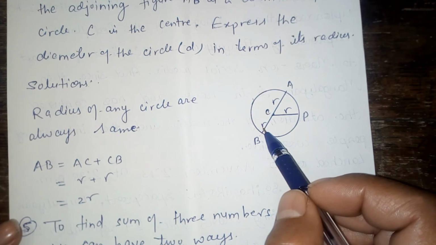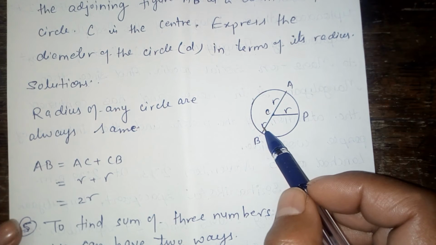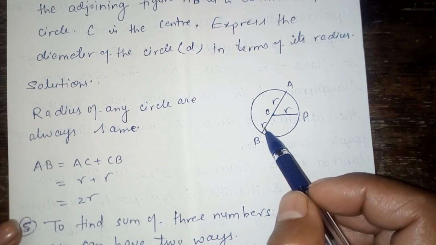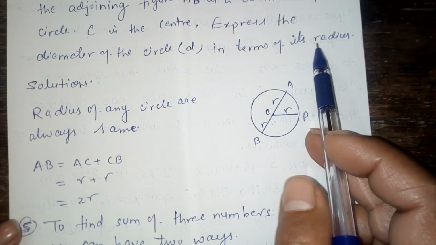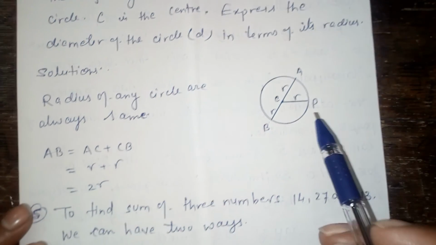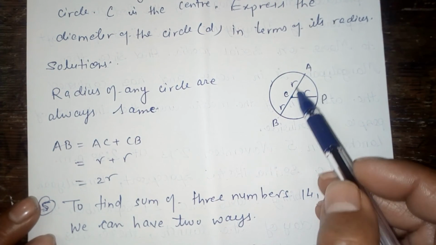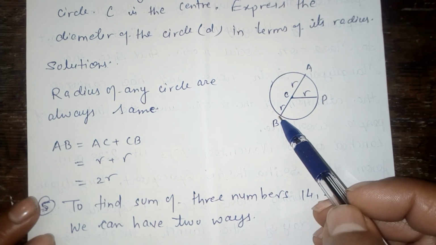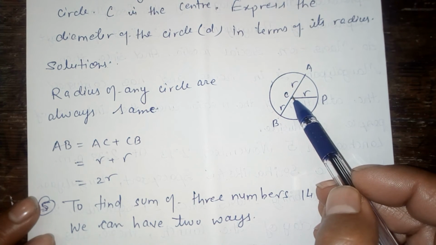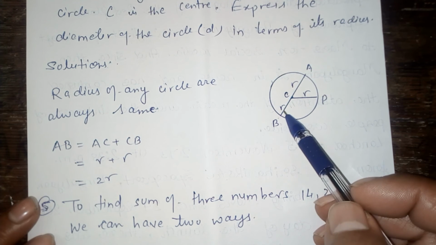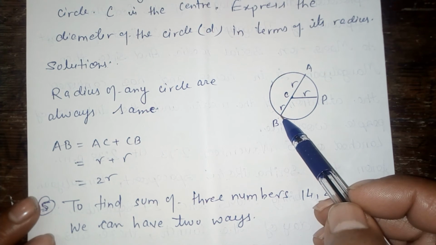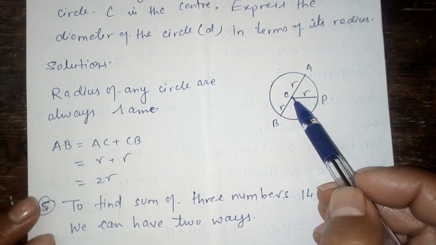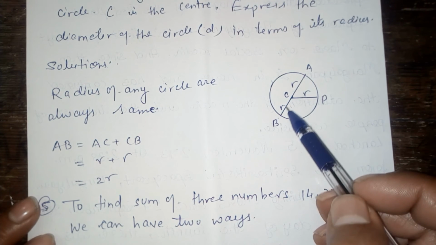In this question, we will express the diameter of the circle in terms of its radius. So what we will do? You know very well AB is the diameter. A line segment joining two endpoints of the circle which passes through the center is called the diameter.